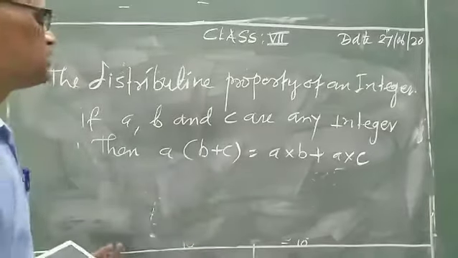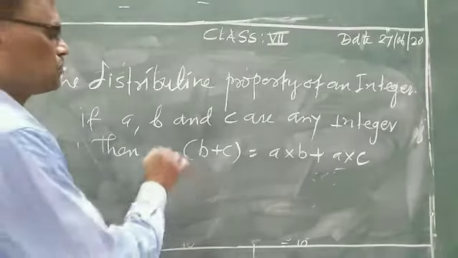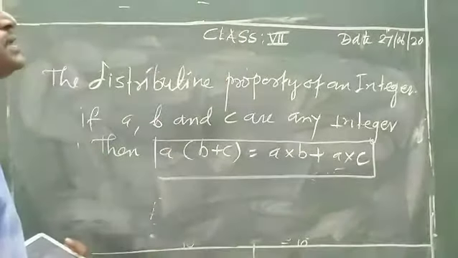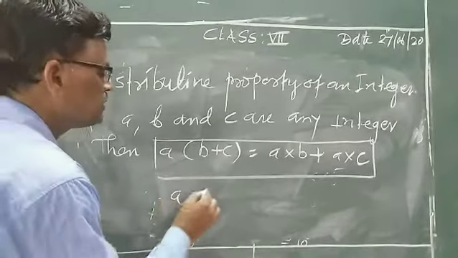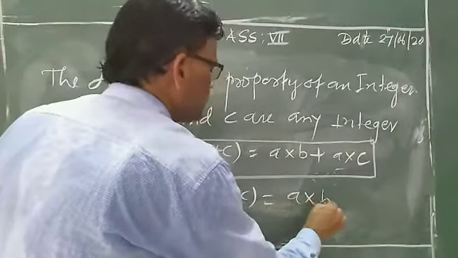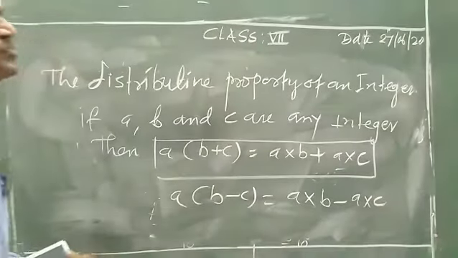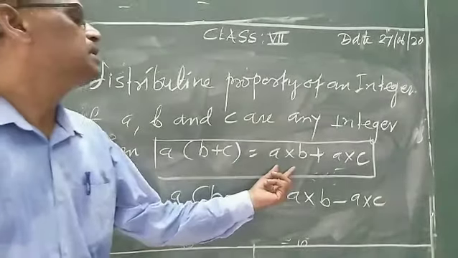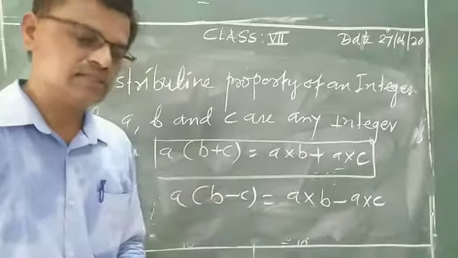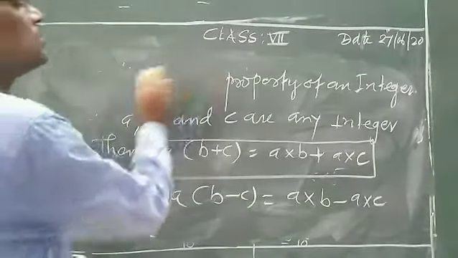Again you see this property: A in bracket B minus C is A into B minus A into C. This gives AB plus AC and AB minus AC. On the basis of this property, we will take one example.